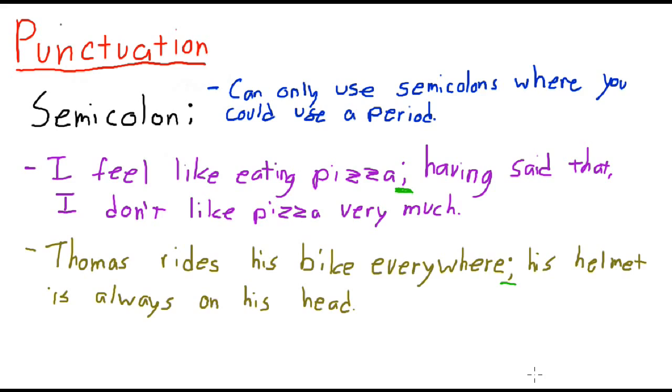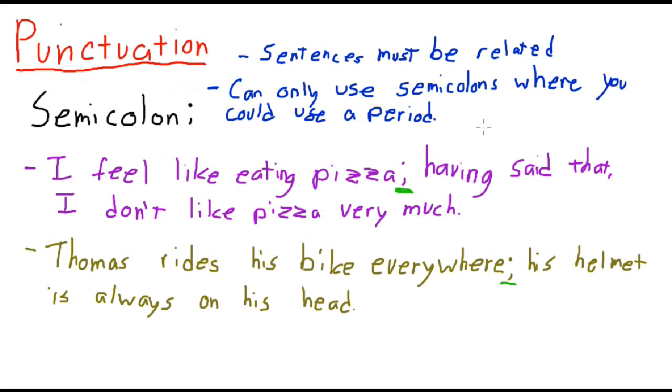Okay, so Thomas rides his bike everywhere. His helmet is always on his head. And something about a semicolon that I kind of forgot to add is that the sentences must be related. Okay, the sentences must be related.